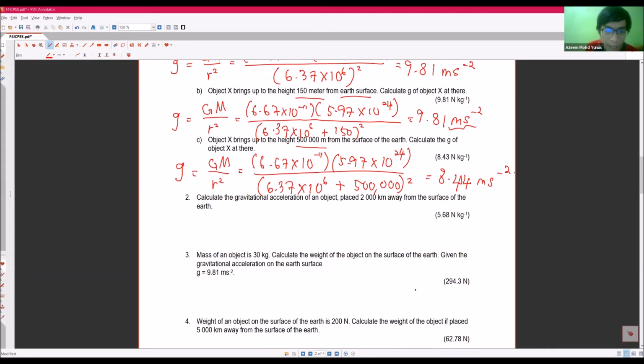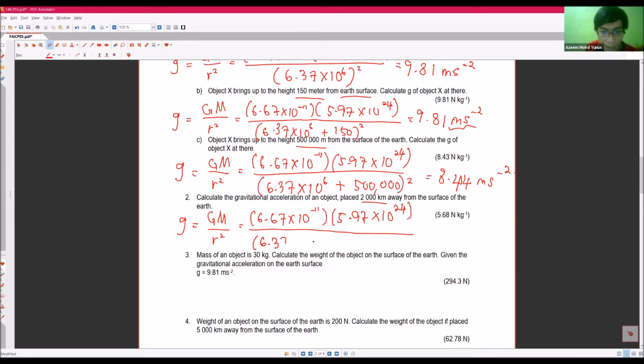Okay. Number 2, calculate the gravitational acceleration of an object placed 2,000 kilometers away from the surface of the Earth. So we still use the same formula. 6.67 times 10 to the negative 11. The object is still on the Earth, but the radius is now significantly higher, plus 2,000 times 10 to the power of 3, squared.